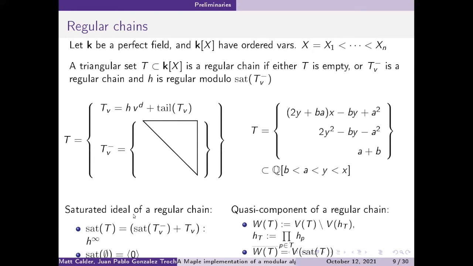The saturated ideal of a regular chain T is just the quotient between the saturated ideal of Tb minus plus Tb and h infinity.